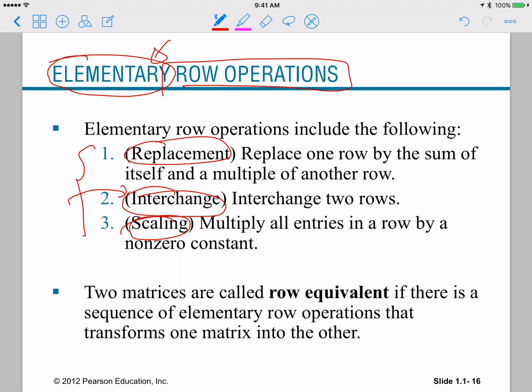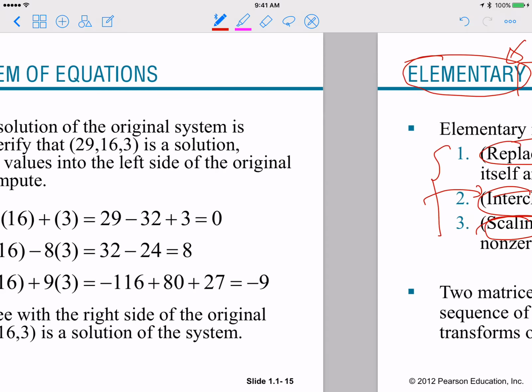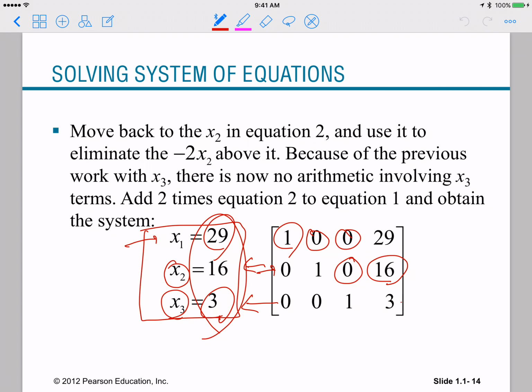We didn't affect the true values of x1, x2, and x3, right? So this new set of equations can be viewed as another set of equations, or simply we call that a linear system, right?